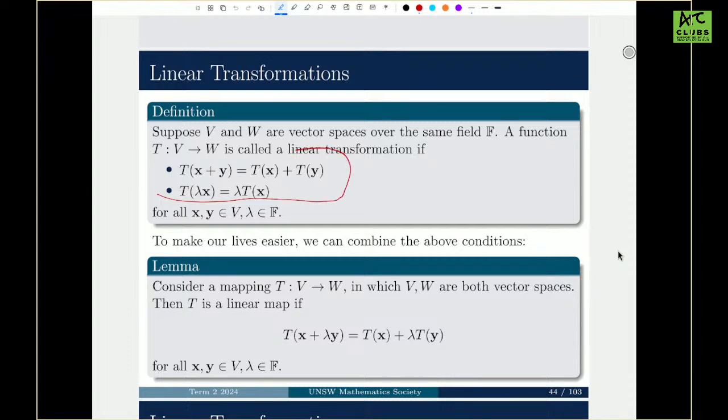This should be pretty clear from first year, from Math 1B. We can combine these two conditions into just this. You can set lambda equals 1 and you'll get this first thing, and you can set x to be 0 to get the second thing.